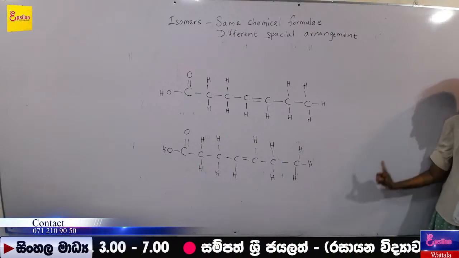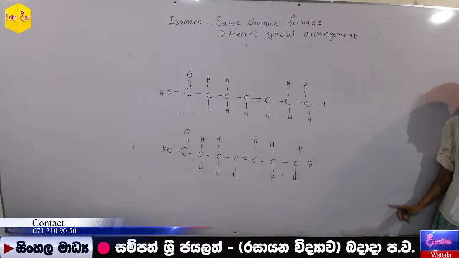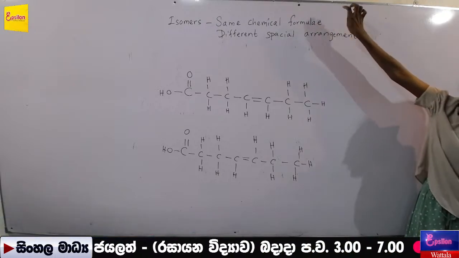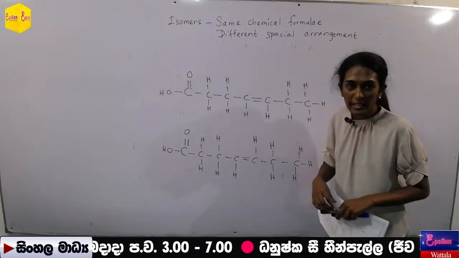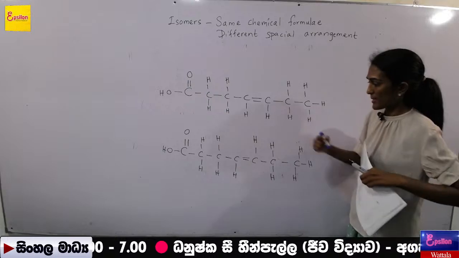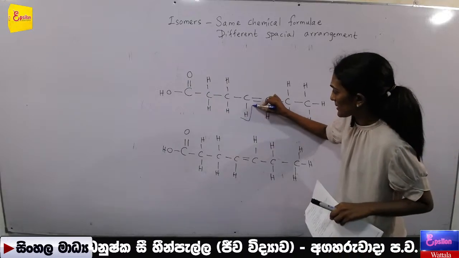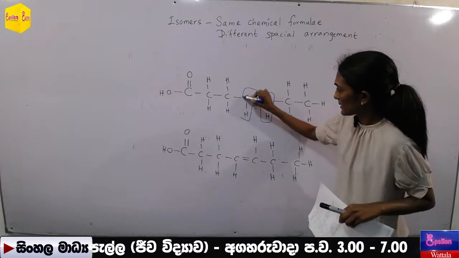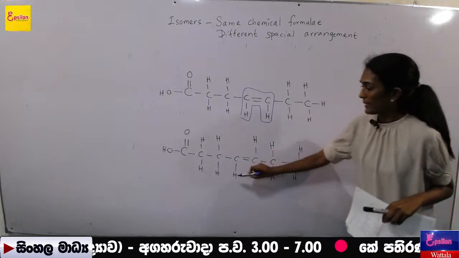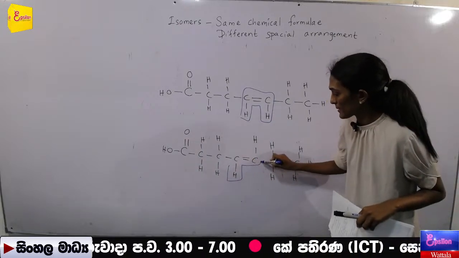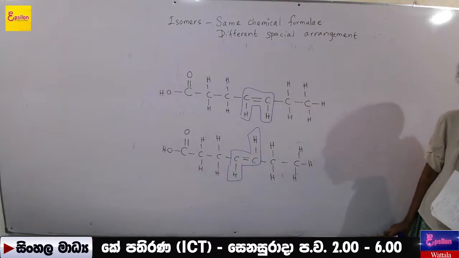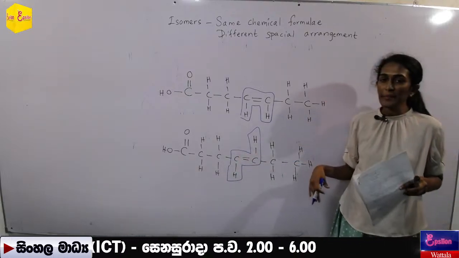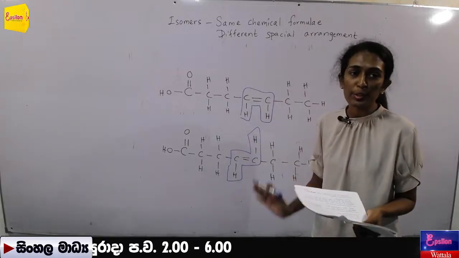Count it. Others say yes. That means same chemical formula. But they have different spatial arrangement. It's something like this here, and here it's something like this. Because of this, sometimes the hydrocarbon chain is going to get bent.